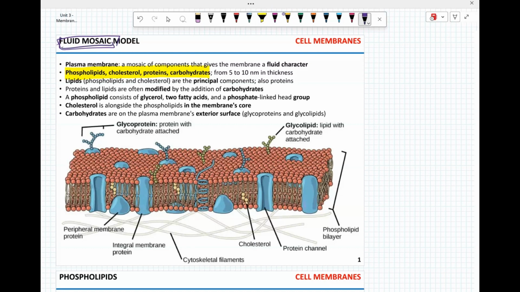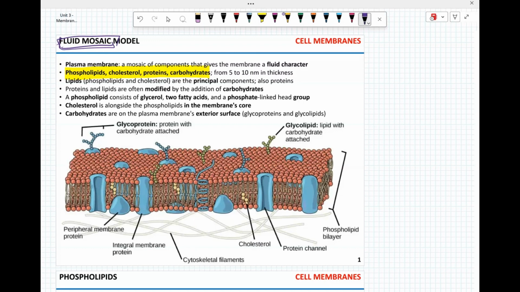Four main components, four biological macromolecules that comprise the principal components of the plasma membrane are phospholipids, cholesterol, proteins, and carbohydrates.